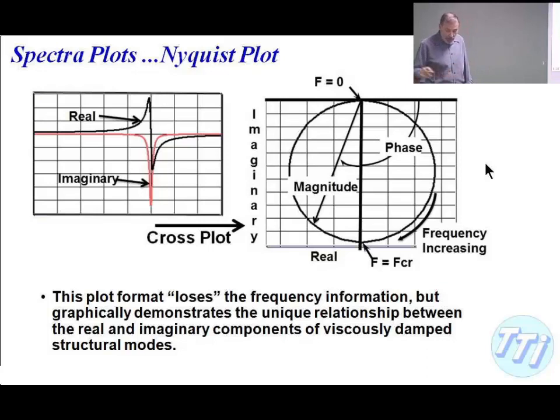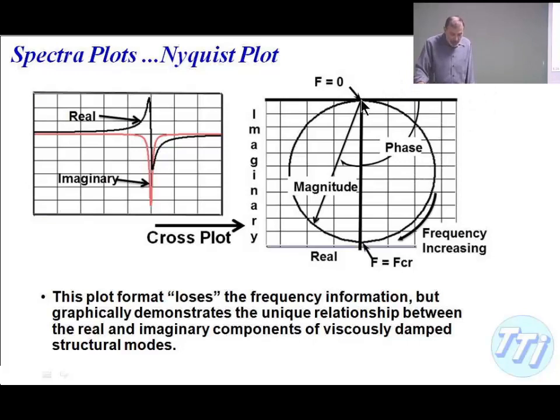As it turns out, if I have a viscously damped mode and I cross plot the real versus the imaginary, it traces out a perfect circle, which of course is warped. It looks like a perfect circle up there, but on my screen it's warped. So what's going on here?